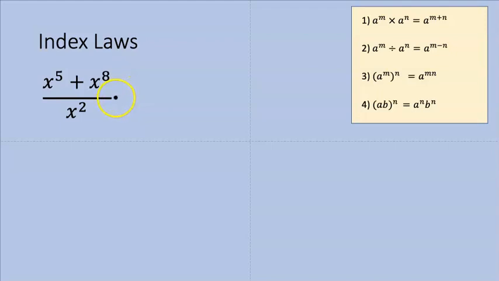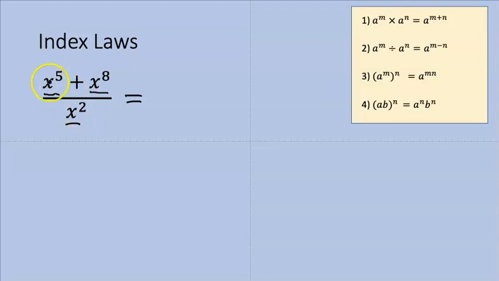So today we're just going to look at quickly how to deal with these fractions with the same denominator. So I've got x to the 5 plus x to the 8 over x to the power of 2. And if you're wondering what on earth I need to do with that, well, the way that you deal with it is to do it like this. You've got two objects on the top and you've got one on the bottom.